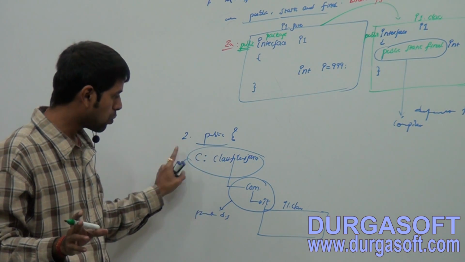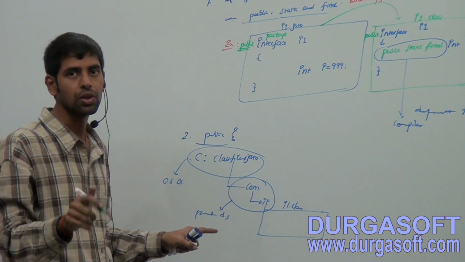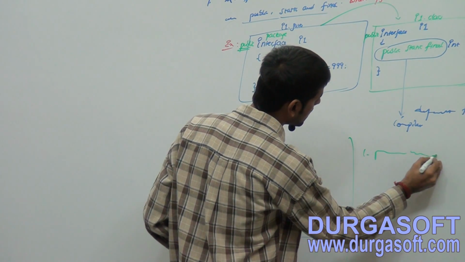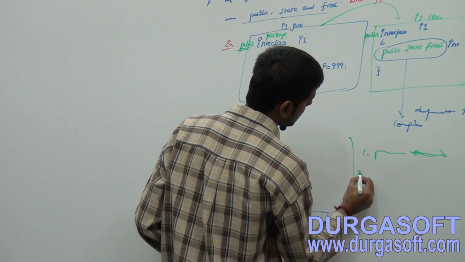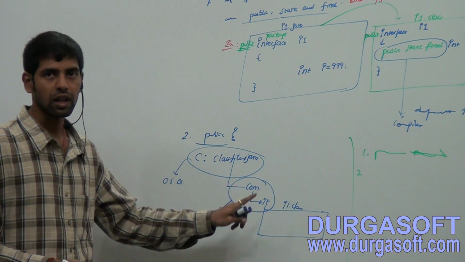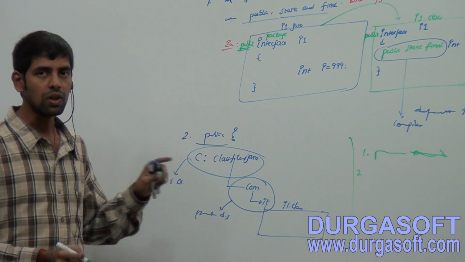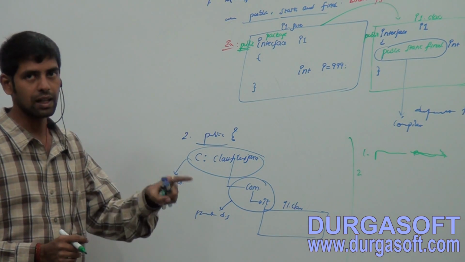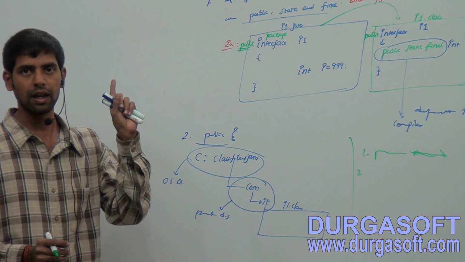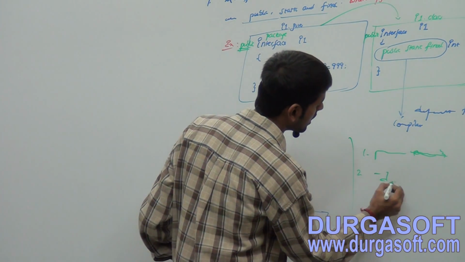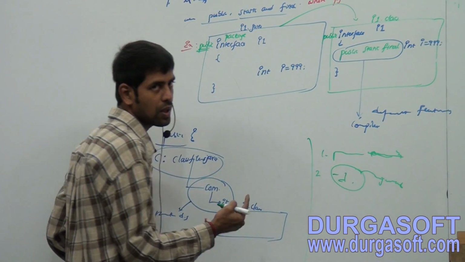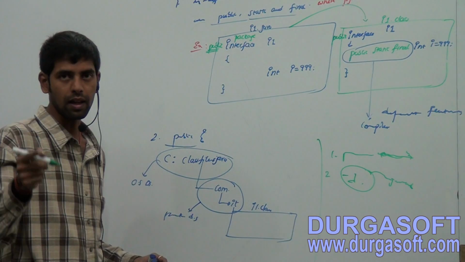And to form this structure, you are recommended to do two things. Number one, the package statement. Number two, at compile time, you have to give an intimation to the compiler, using -d dot at javac time.